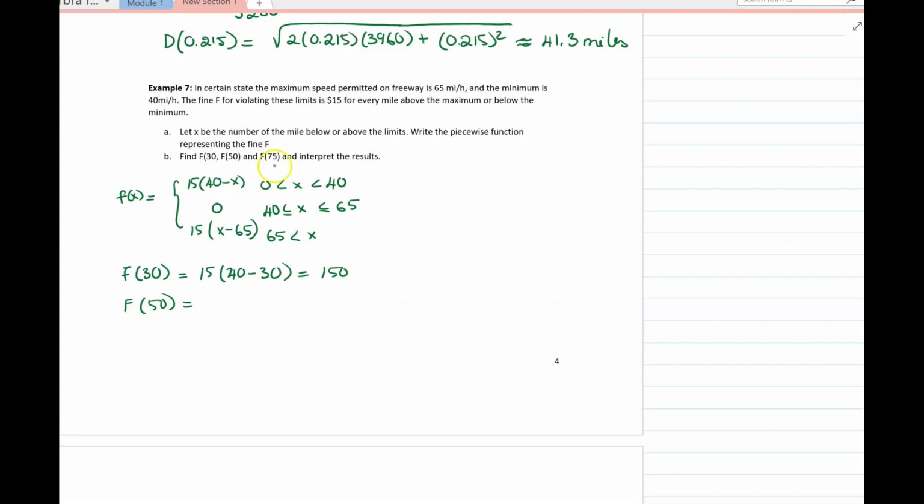After 50, well, 50 is between 40 and 65, so you don't have to pay any fine. After 75, that is 10 miles above the speed limit, so you are paying $150.